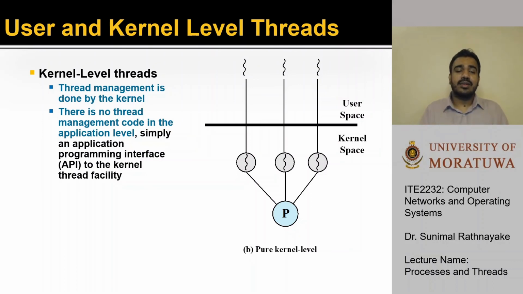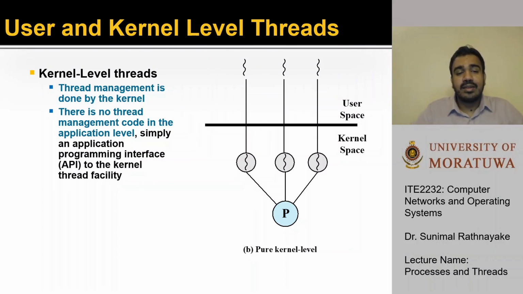So now the processor sees all these kernel level threads, and so the user level threads are also seen. So the processor will give fair treatment to all the user level threads in this manner.